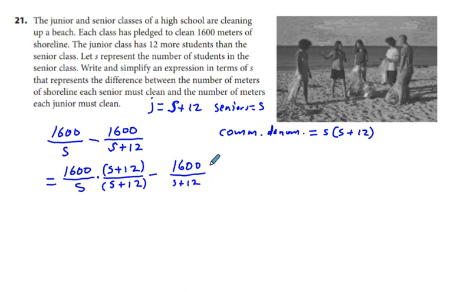What do we have to do to get our common denominator? Multiply by S over S. So now we have our common denominator all in place. Looking below, I'm going to put our common denominator, S times quantity S plus 12. And the numerator, we have 1600S, and then we have 12 times 1600.